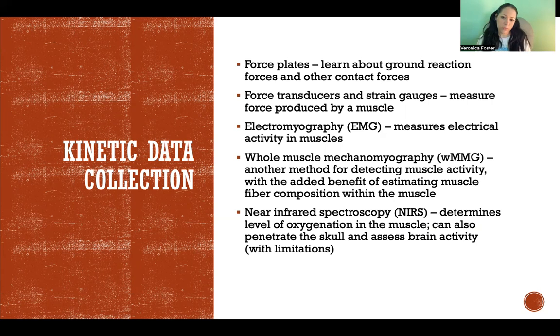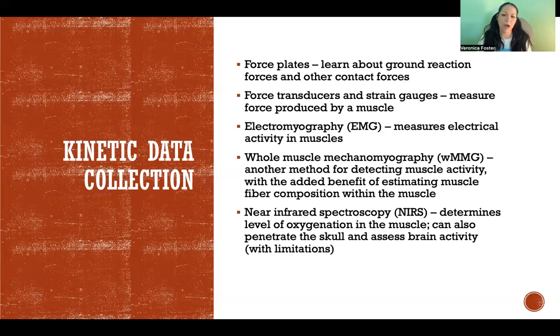So surface EMG is the usual go-to method between the two, but you should always question whether the signal that you're collecting with your surface EMG is from the correct muscle or whether there's noise involved or interference from other muscle activity. Then there's whole muscle mechanomyography. That's another method for detecting muscle activity, but it operates a little bit differently.